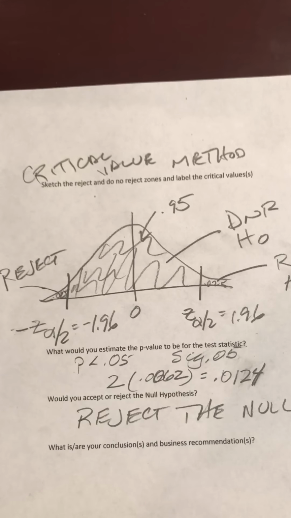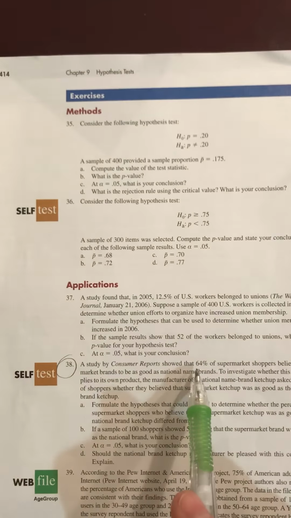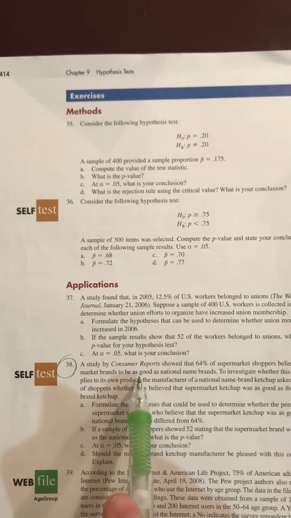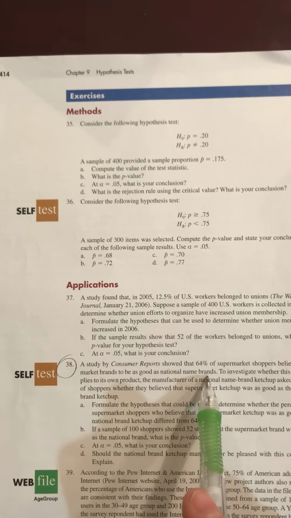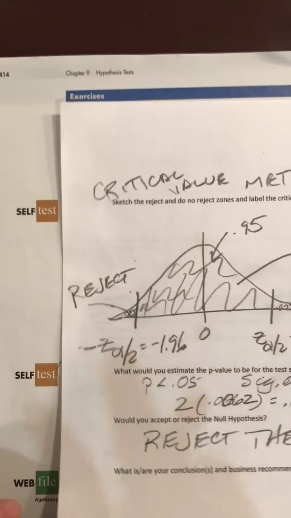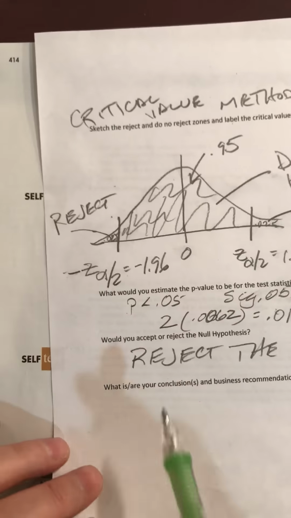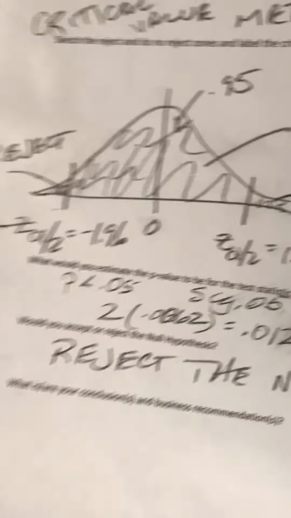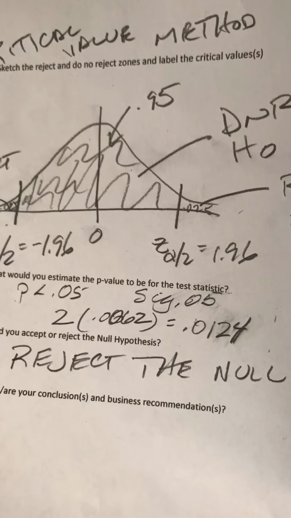And indeed, the Heinz ketchup is having a little difficulty here, because the national average showed that 64% of supermarket shoppers believe supermarket brands to be as good as national brands. But when it's compared to Heinz, the generic starts running into problems, at least in this situation for Heinz ketchup. You're rejecting, which means it's not the same as 0.64.